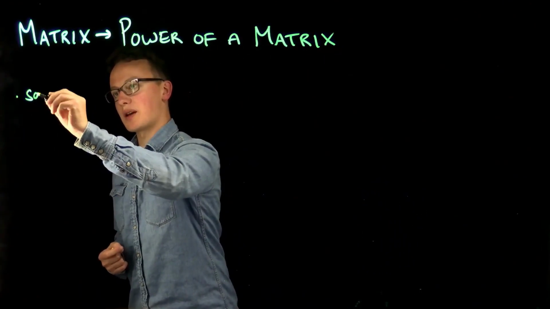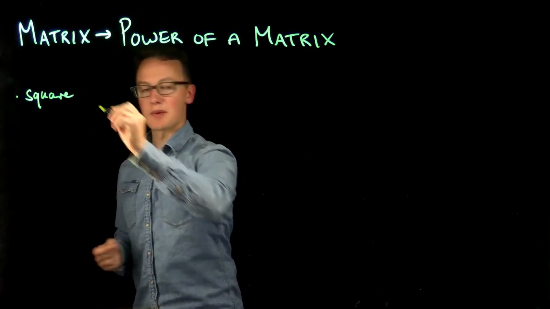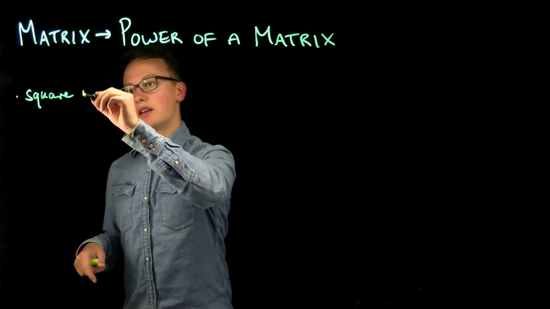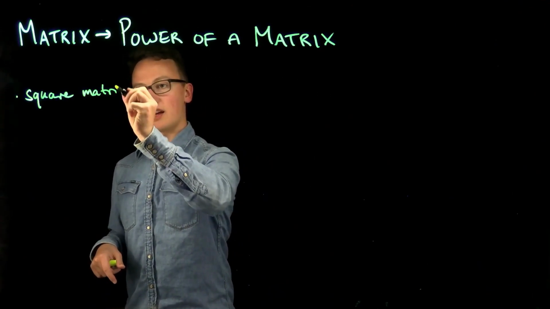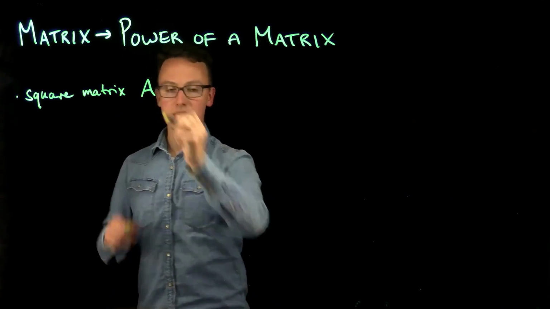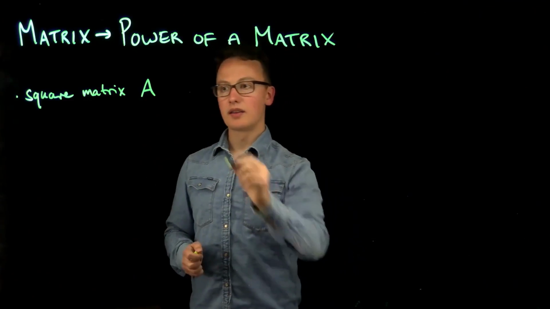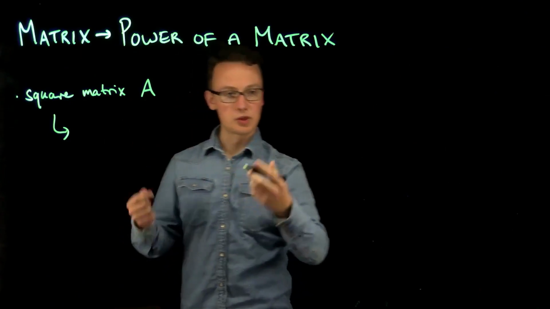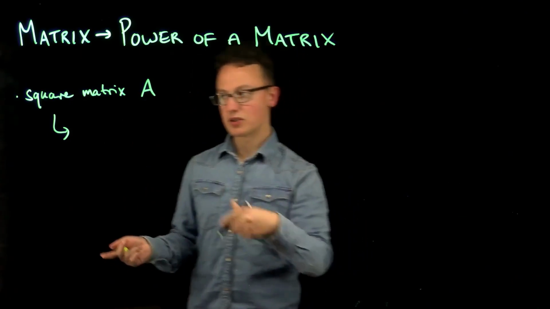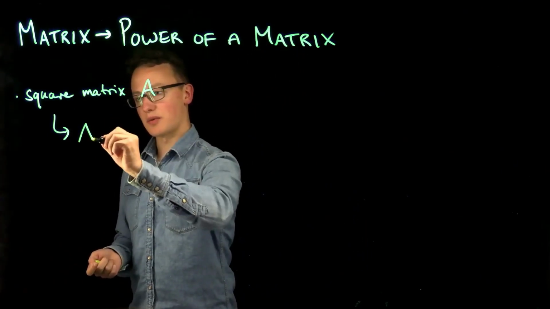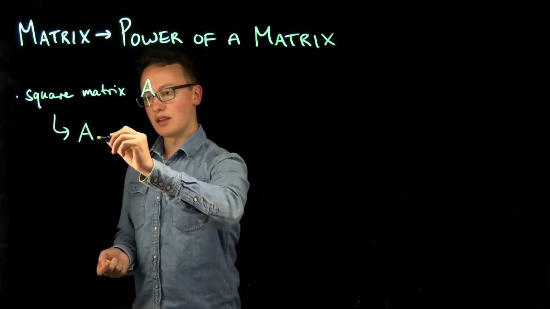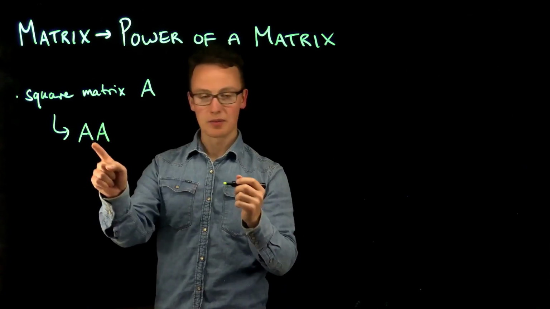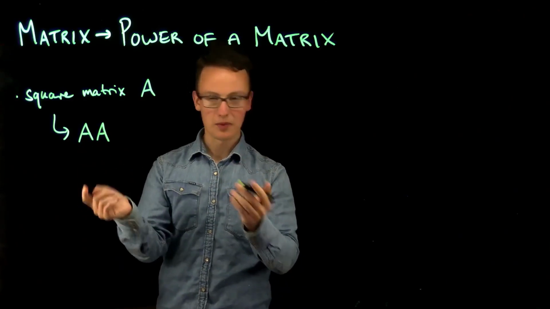So if we have a square matrix, which means a matrix with the same number of rows as it has columns, then let's call this matrix A, for example, we can of course compute the matrix multiplication of this matrix with itself. So we could say A times A as a matrix multiplication. It's possible because the number of rows and number of columns are all the same for a square matrix.